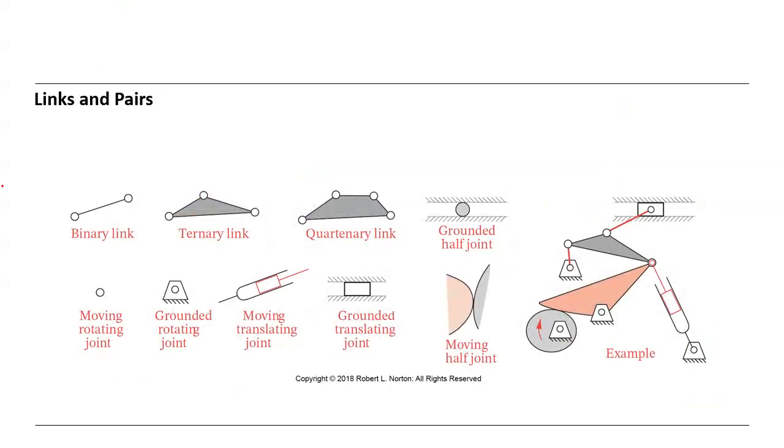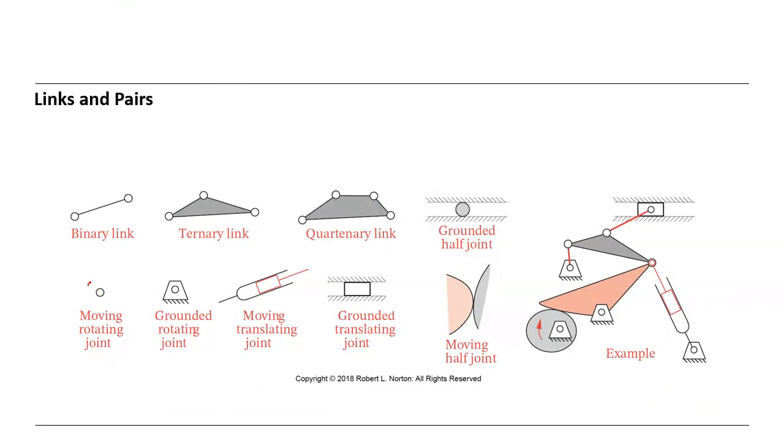So then the links. Let's talk a little bit about the links. Links are the binary links and the ternary links. As you see here, quaternary link, that means a connection in 2 points, and here 3 and here 4. And this means the moving rotation joint.